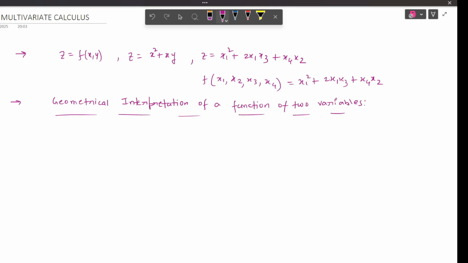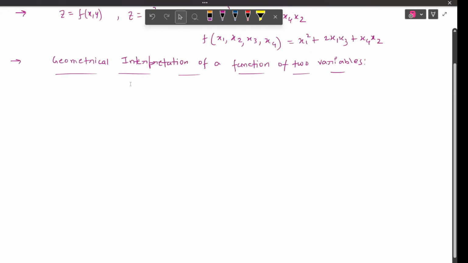So let us see. See, in case of a function of a single variable, we had seen that usually a function represents a curve in a two-dimensional plane.